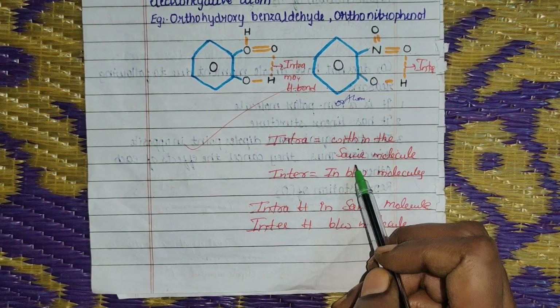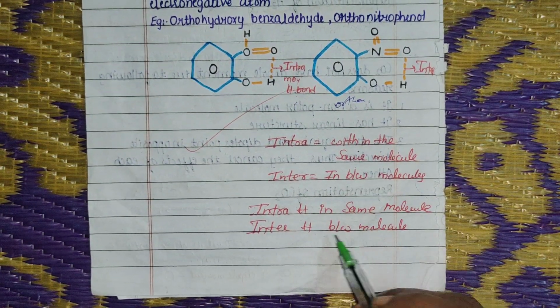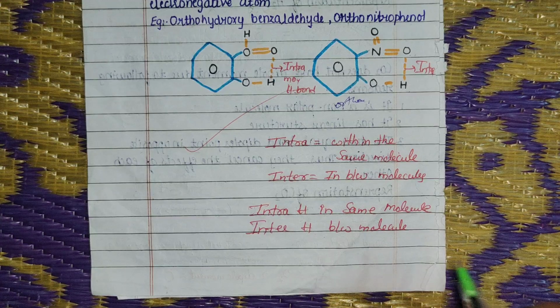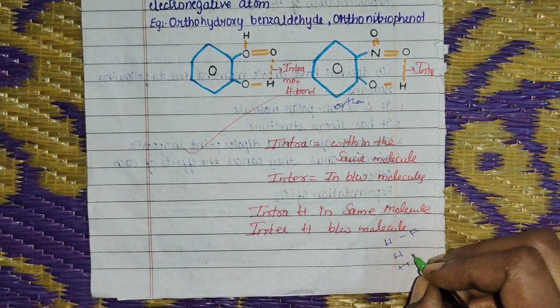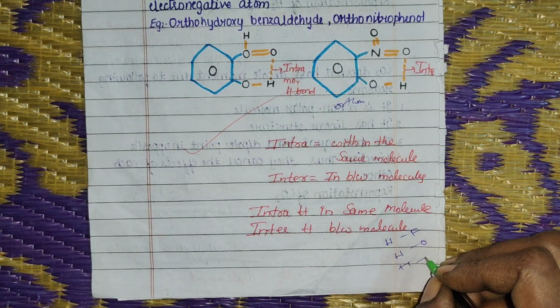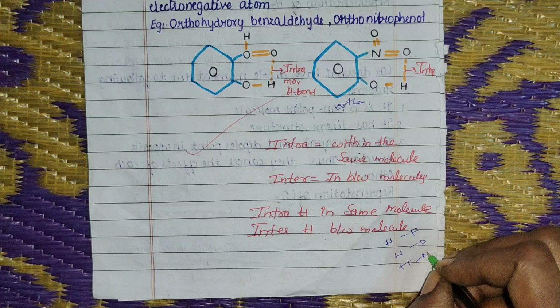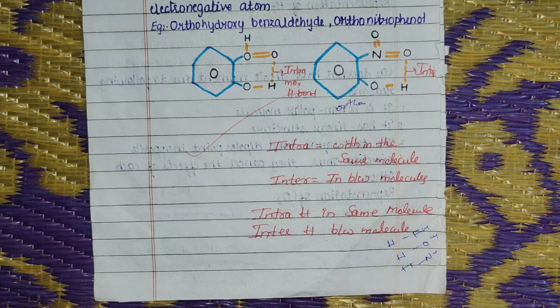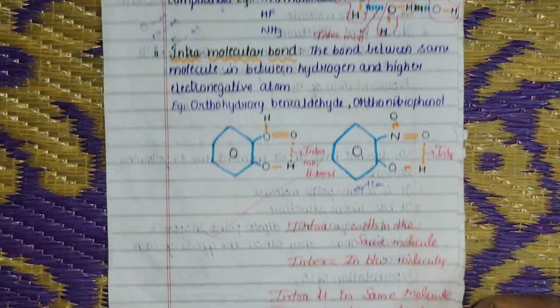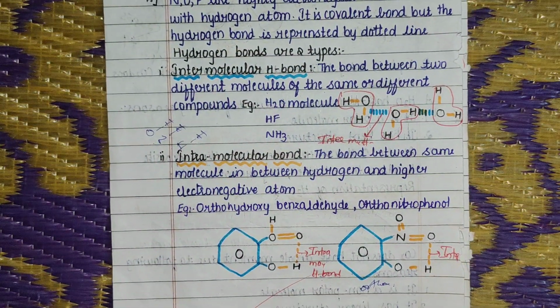Remember, intra within the same molecule, inter in between the molecules. For the hydrogen bond, hydrogen is compulsory, the other may be fluorine or oxygen, or maybe what is that, beta? Nitrogen. So in between them the bond is present. That's it. It is also important, 4 marks or 2 marks.